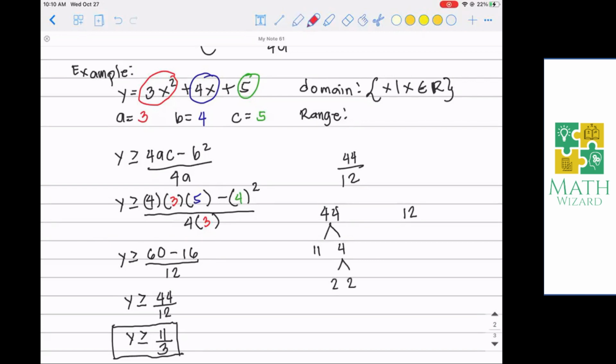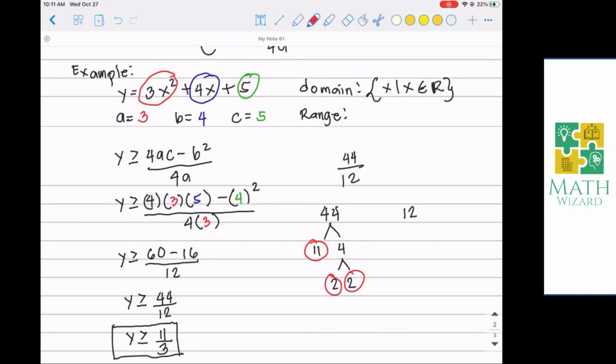2. Here we stop. Why did I stop here? It's because they are prime numbers. In a factor tree, we stop looking for factors when we reach prime numbers. What are prime numbers? These are numbers that cannot be divided by any number except 1 and itself. Like 11, no number divides 11 except 1 and itself. Same with 2 and 5.